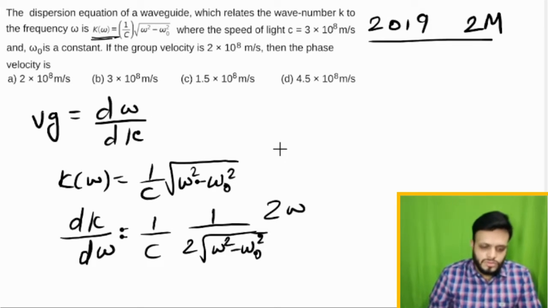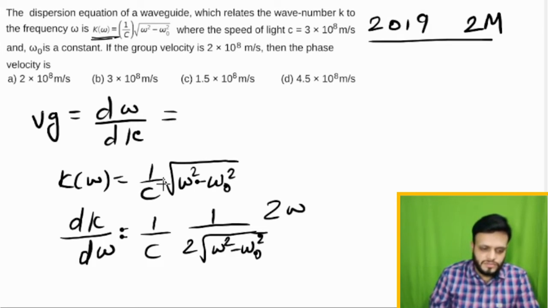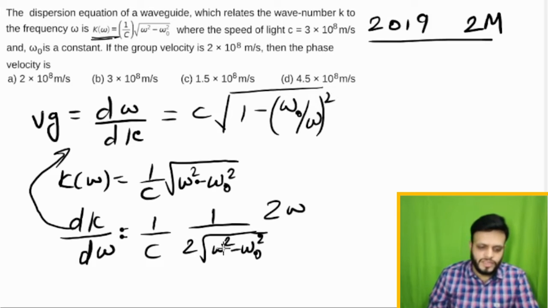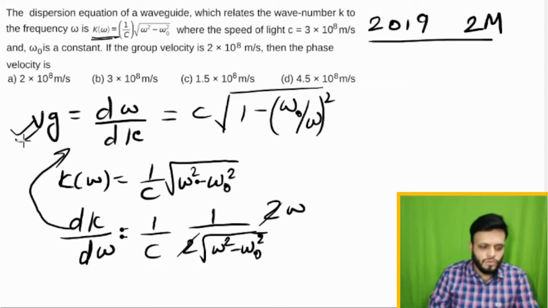By simplifying this equation, taking the inversion and putting it in the value of Vg, we get c into square root of 1 minus omega naught over omega, whole square. The 2 gets cancelled, we take omega as common, and then omega gets cancelled. So now we have the value of group velocity.